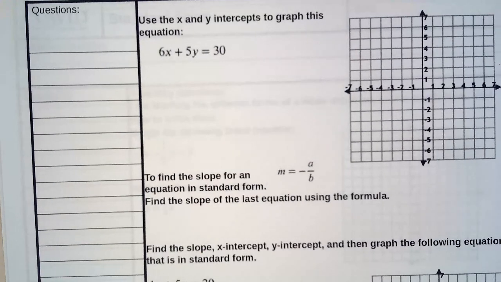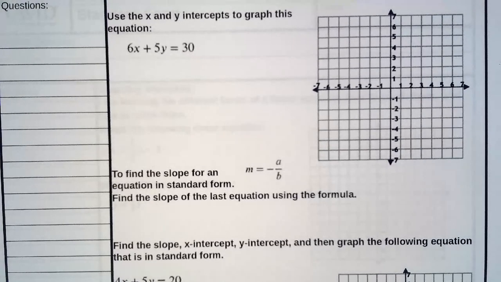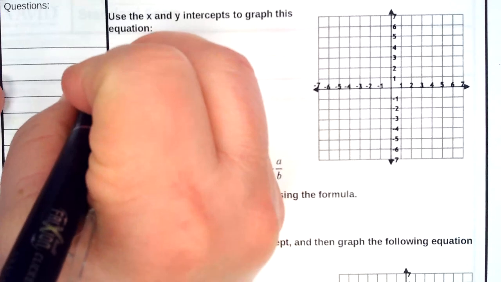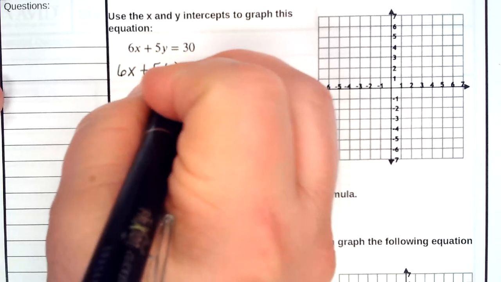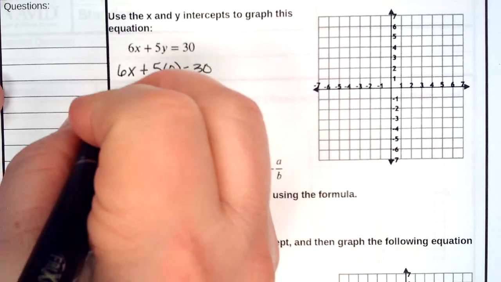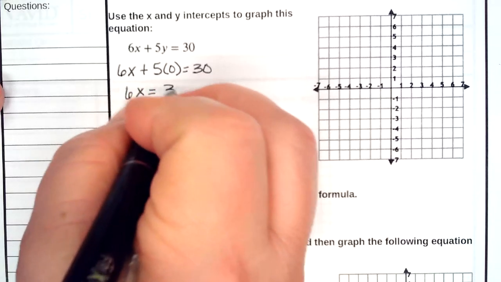Okay, we're going to use the x and y intercepts to graph this equation. Pause the video and see if you can find the x-intercept now. Remember, that's where y is equal to 0. So 6x plus 5 times 0 is equal to 30. 6x is equal to 30.